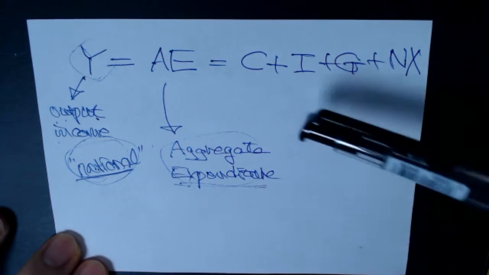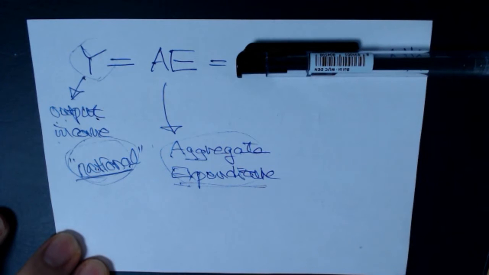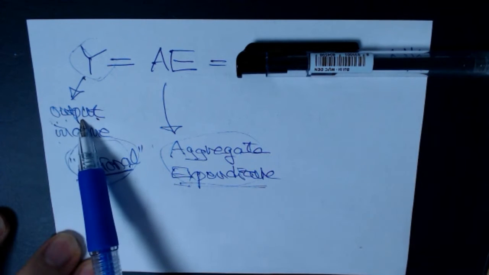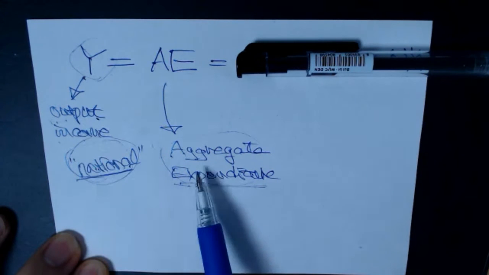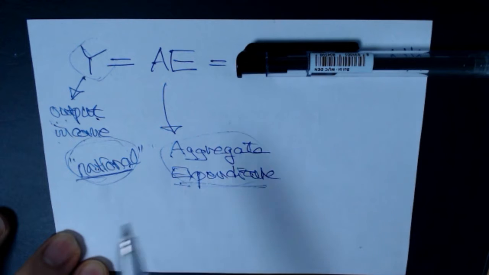So up to this part, it tells us that what is produced in the economy should be the same as what is purchased in the economy. Right? This one is quite important. You have to understand that.